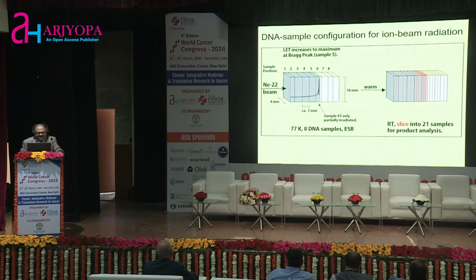Our colleague Dr. David Baker came up with this idea of DNA sample preparation so that we can not only see the Bragg peak due to high LET radiation on the radical level, but also when we warm this irradiated sample to room temperature and slice it into a number of pieces in order to identify the products in the lab of Dr. Miral Dizdaroglu, then we can translate in the same sample the radicals converted to products. And you see, this is an example.